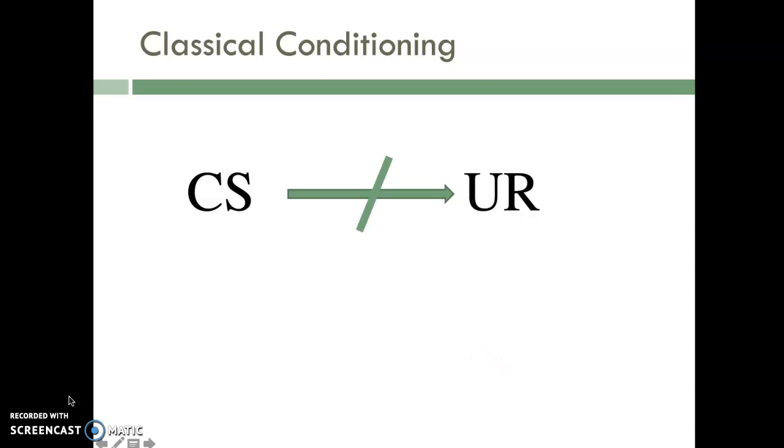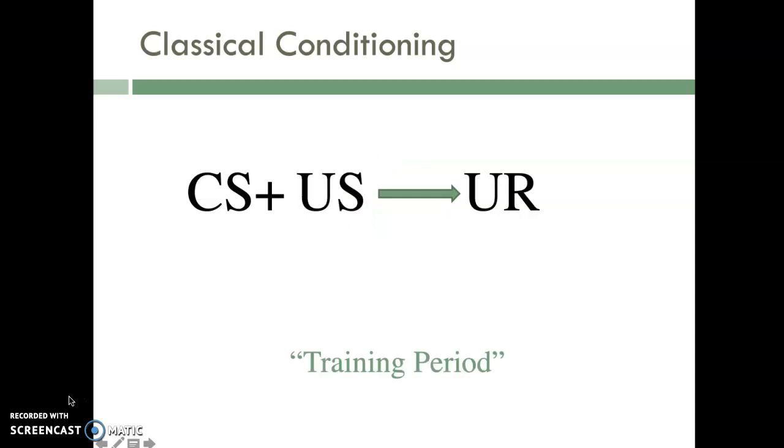Note that at the beginning of learning, the conditioned stimulus does not evoke a conditioned response. So in Pavlov's case, the bell does not evoke this salivating response. If you just went up to a dog and rang the bell, nothing would happen. And so there has to be this training period where the bell is repeatedly paired with the unconditioned stimulus.